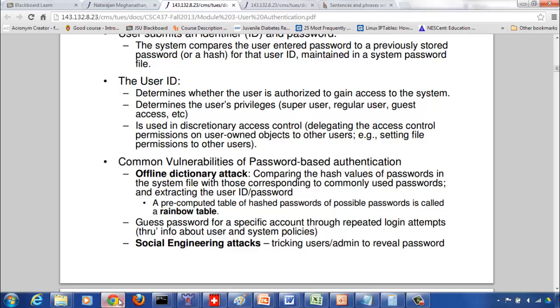The other common problem with password-based authentication is social engineering attacks, where attackers will try to trick the user's admin into revealing the password. As I said in class, you can email the admin saying that you forgot your password, and you send that email from some other account, Yahoo or Hotmail, that has your name.